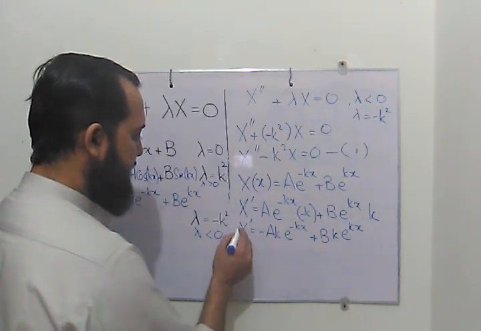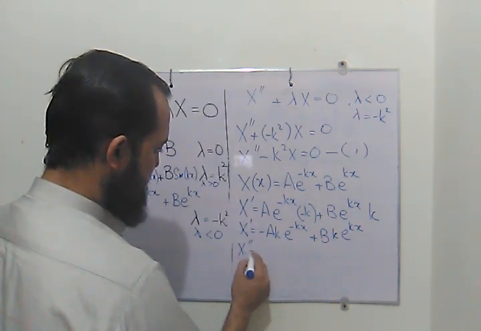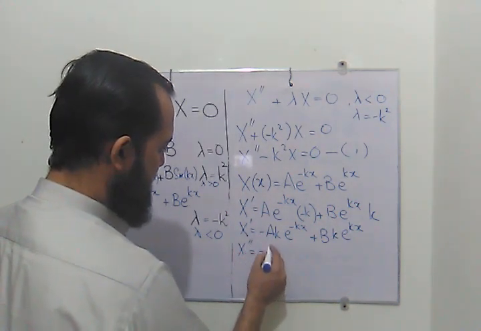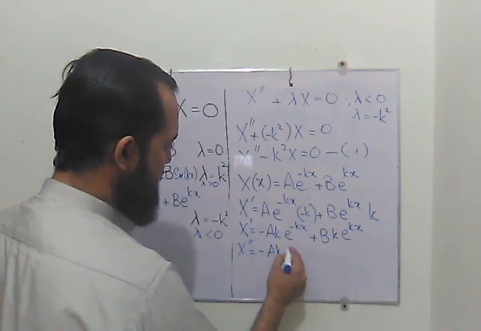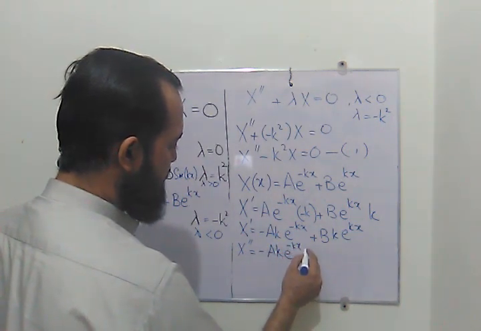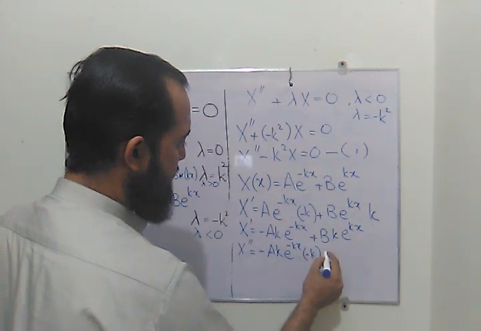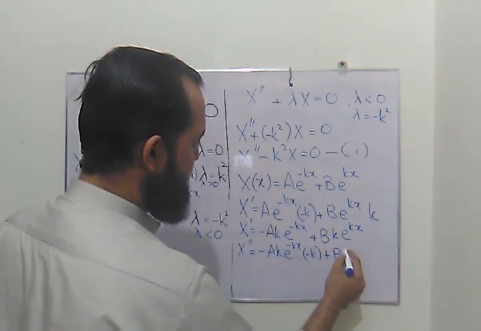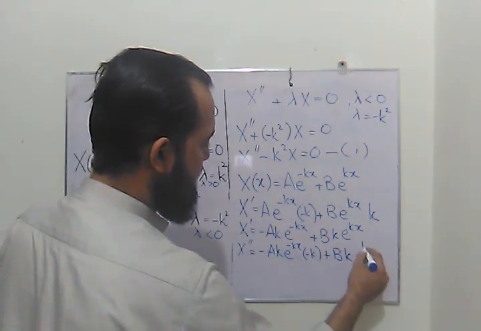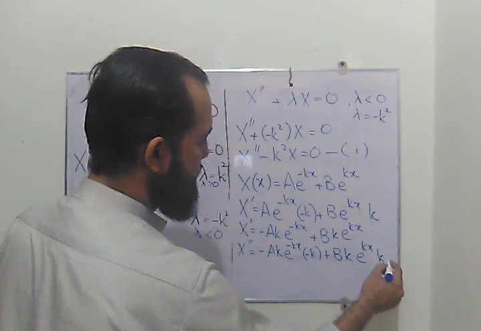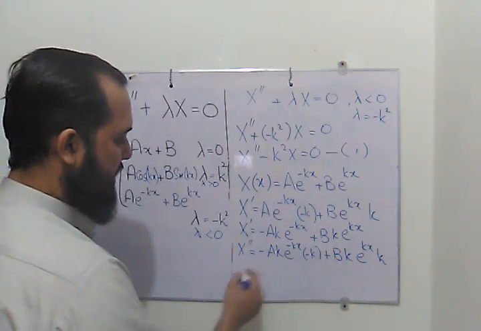Then we have the second derivative, which would become minus a k, same e to the minus kx into minus k, plus b k outside of the derivative, e to the kx into k. So this minus minus would be plus.